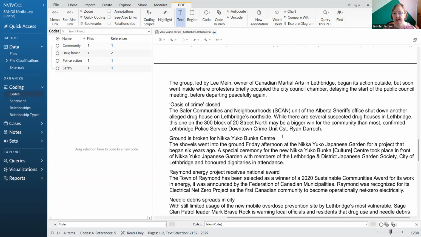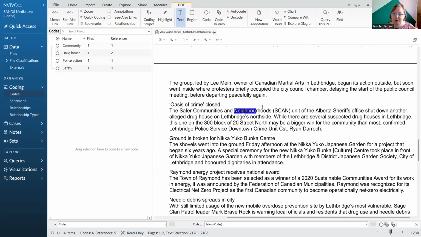However, the people that are named, it's police driven, police forward, and we're using language here that talks about a house, not people in a house, not people with addictions, not people who sell drugs or use drugs. We're talking about a house as a physical object.